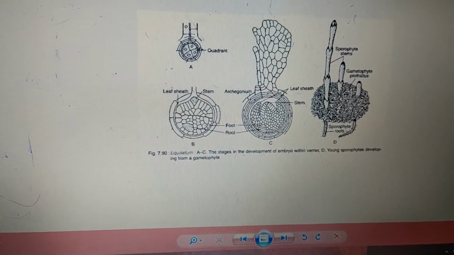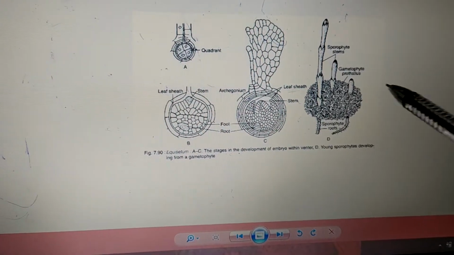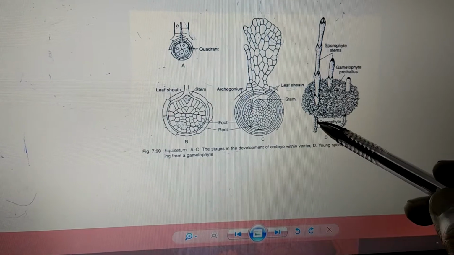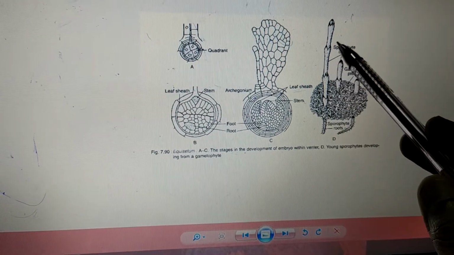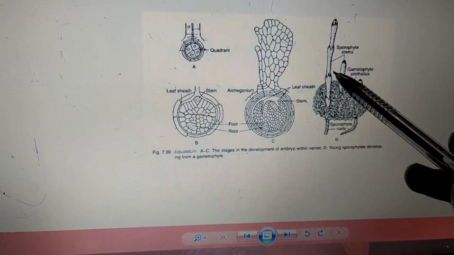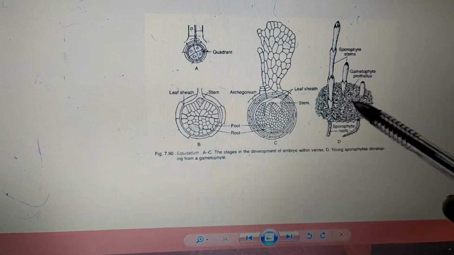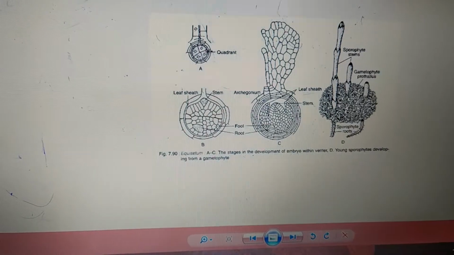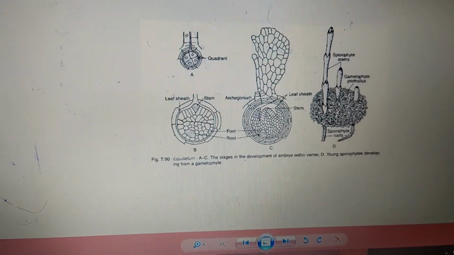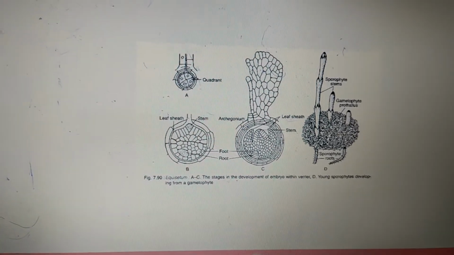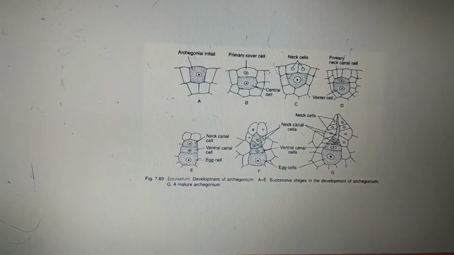In this way, the entire embryo develops. The root forms the sporophytic roots, and the stem gives rise to the sporophyte stem with nodes and internodes. In this way, we have a developed sporophyte. Equisetum shows alternation of generation.